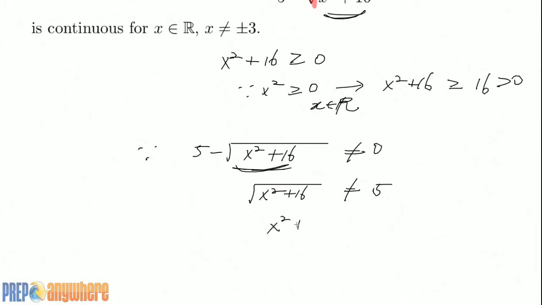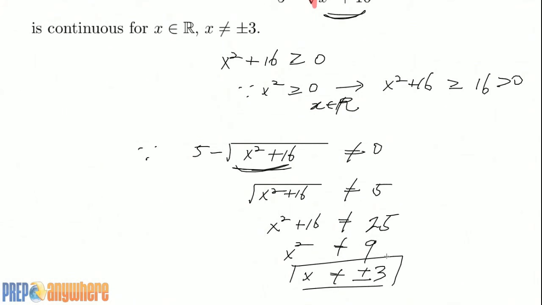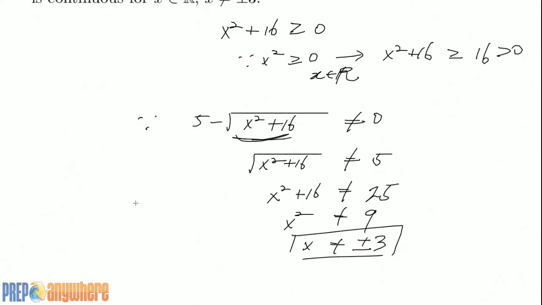Which means this cannot be 25. Right. Which means x squared cannot be 9, which means x cannot be plus or minus 3. Okay. So because it's a fraction, the domain is that x belongs to all real numbers. It just cannot be plus or minus 3.